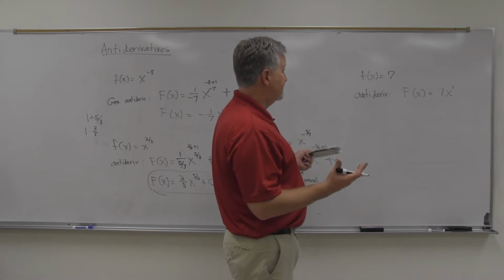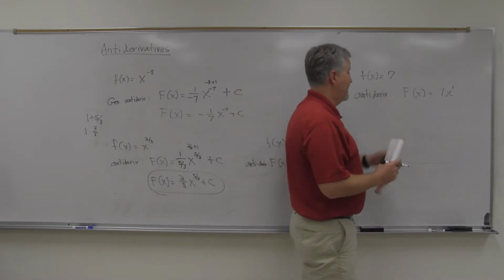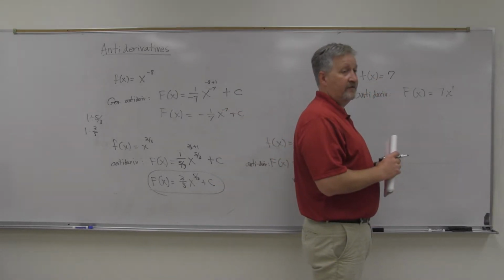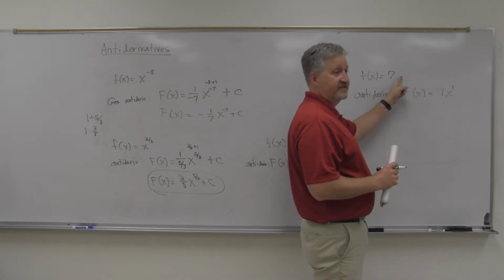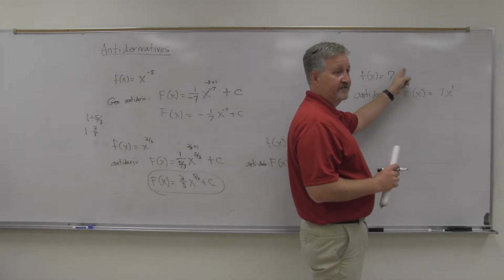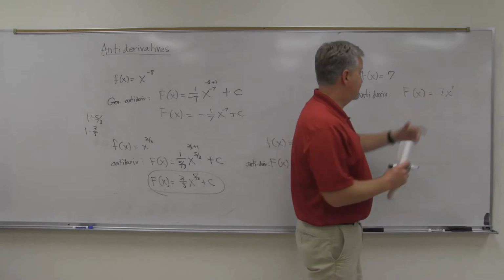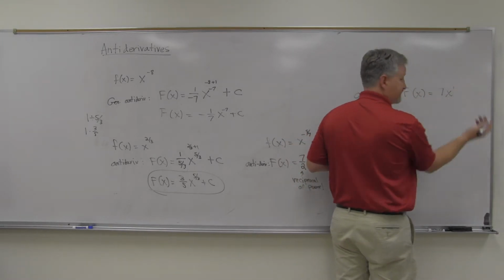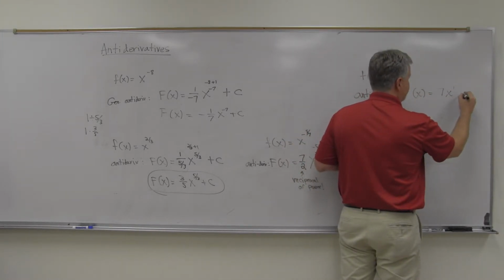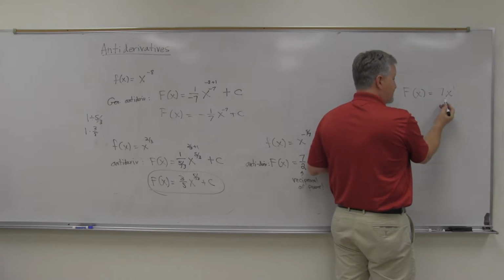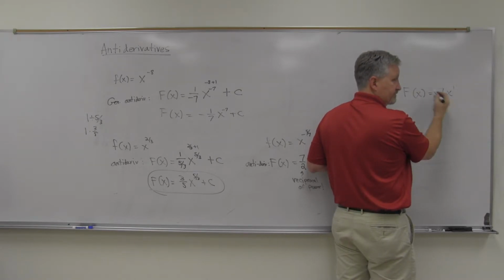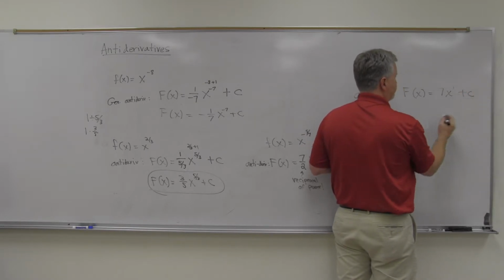Well, technically speaking, it doesn't show as x to any power, but what is the power we're starting with? X to the zero power, isn't it? So if I add 1 to the 0 power, I just get x to the 1, or just x. So if I start with a constant, the antiderivative is going to be 7x, or that number times x, and then plus c, of course.